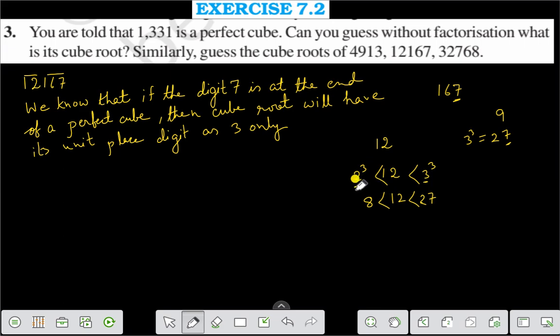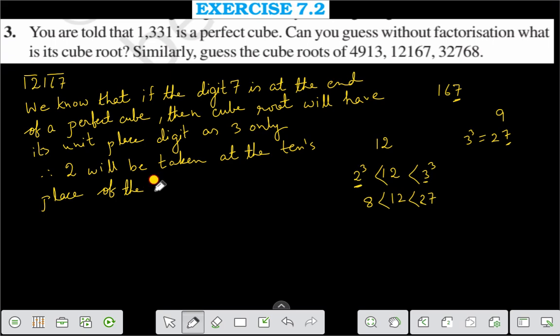Therefore, 2 will be taken at the tens place of the required cube root.